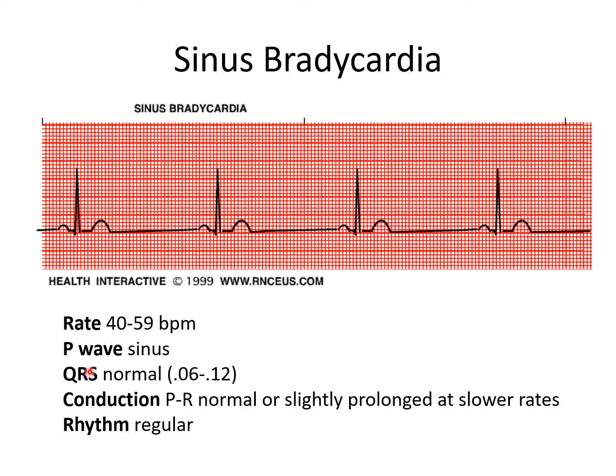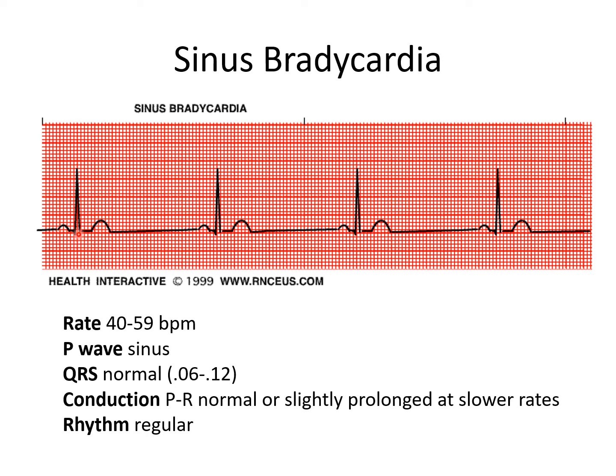Another thing that we have to look at before we say this is a sinus bradycardia is to measure the QRS. Normally, the QRS complex is a narrow complex. It's not wide, it's very narrow. It's hard to even count the number of small boxes in that QRS, maybe 1 or 2 here.